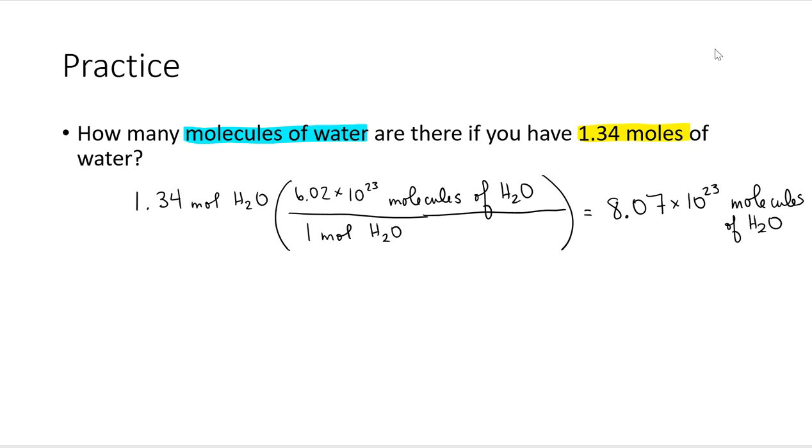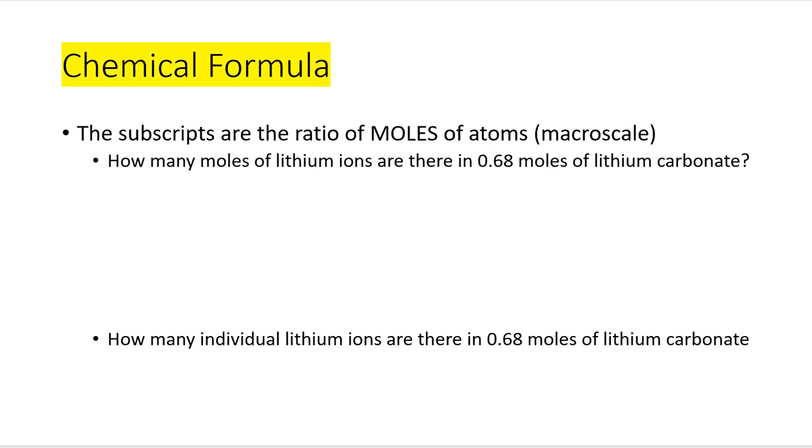Okay, so that's Avogadro, microscale to macroscale. And then the last thing we also talked about last class was what does a chemical formula really mean? I said before that the subscripts are the ratio of atoms, because before we were talking microscale. Let's look at water again, because water is a great example.